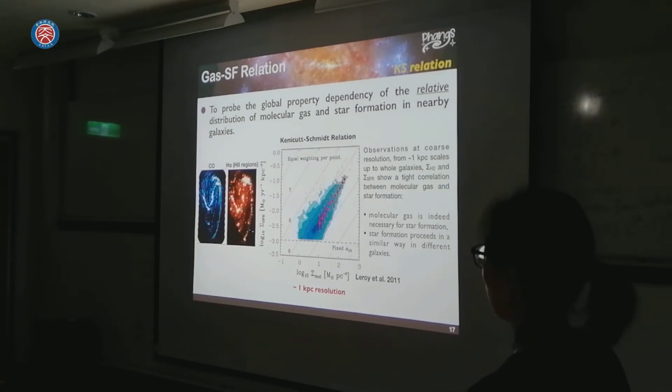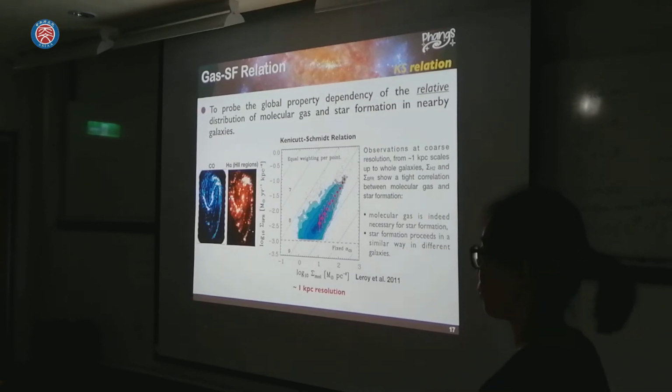In other words, what we are going to do is compare the CO map and H2 region map. I call it the H2 region map because in the map we use, we have already removed the so-called diffuse ionized gas.